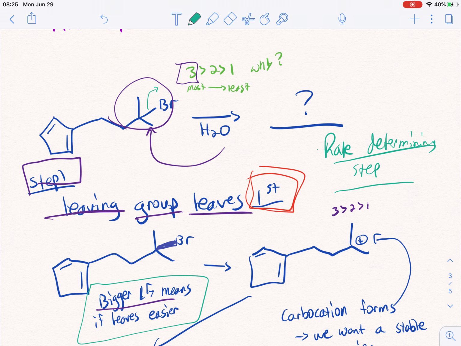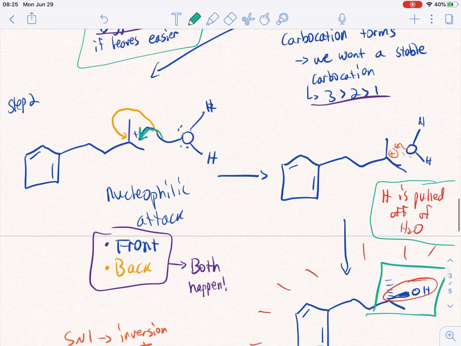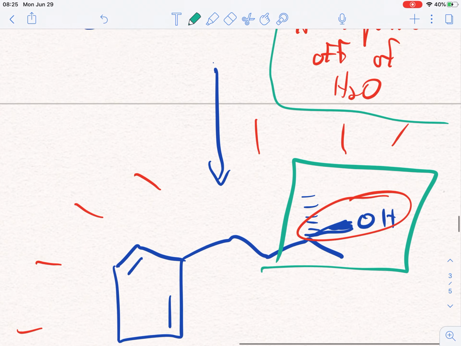It's slow. It's a slow step to pop off that leaving group. So secondly, once the leaving group leaves, then our weak nucleophile will come in and attack from not just one side, but two sides, making a retention of stereochemistry, right?